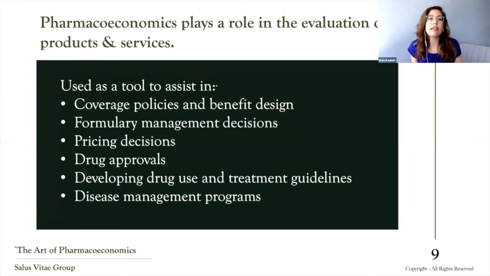So it's used in things such as the coverage policies and benefit design. It's used in formulary management decisions, as well as pricing decisions of medications. The drug approval process, it's also incorporated there, and developing drug use and treatment guidelines, as well as disease management programs.